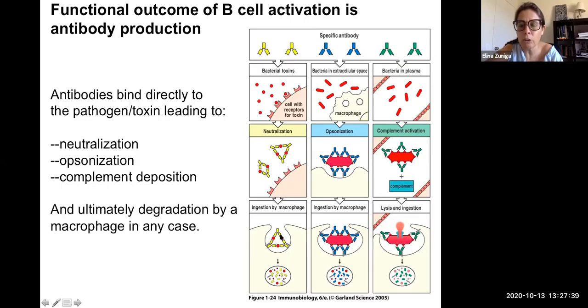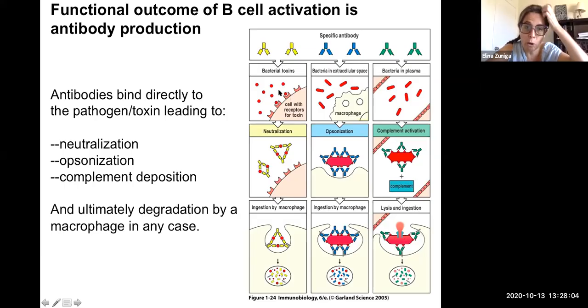And ultimately, this toxin will be ingested by the macrophages, because many antibodies have the capacity to opsonize, okay, enhance the phagocytosis by phagocytic cells such as macrophages, and ultimately this macrophage will degrade this toxin, okay? This is true with the viruses as well.